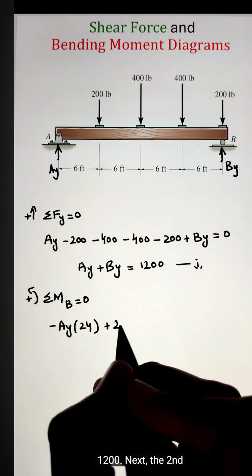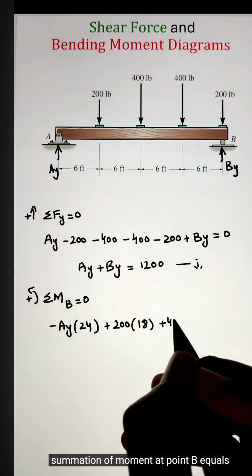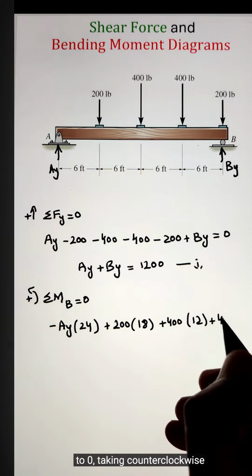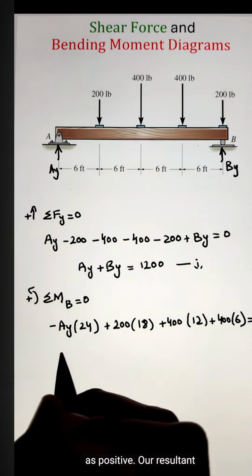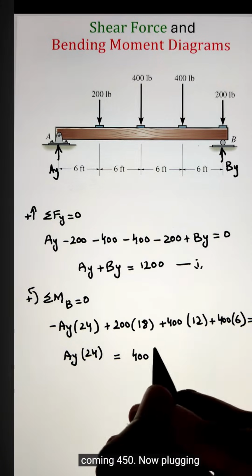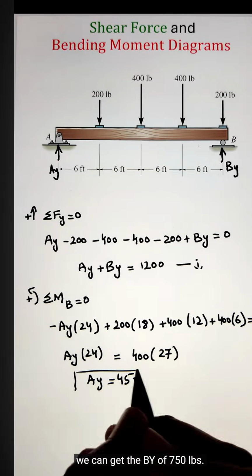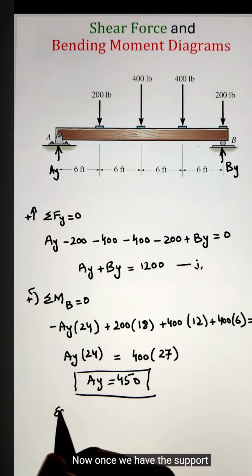Next, the second equilibrium equation can be written as summation of moment at point B equals 0, taking counterclockwise as positive. Our resultant value of AY comes to 450. Now plugging the value of AY into equation 1, we get BY of 750 pounds.